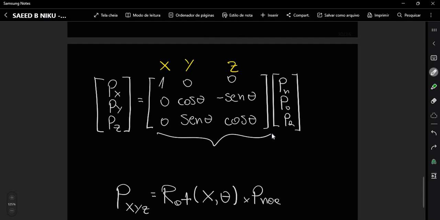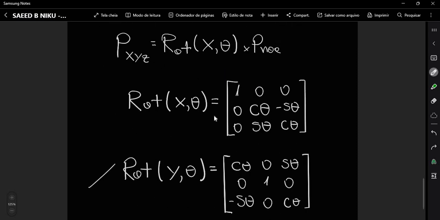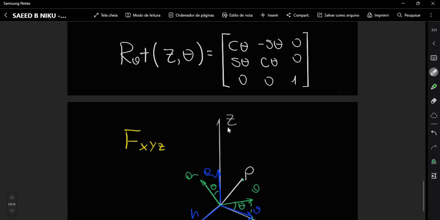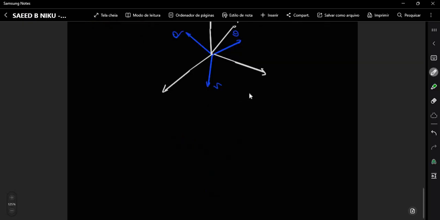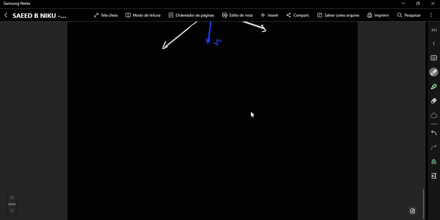And also remember the form of a characteristic matrix of a pure rotation movement above the axis Z, which is this one. So it's very simple. We just need to apply this formula, and we will find the final position and orientation of the point linked on the referential system.